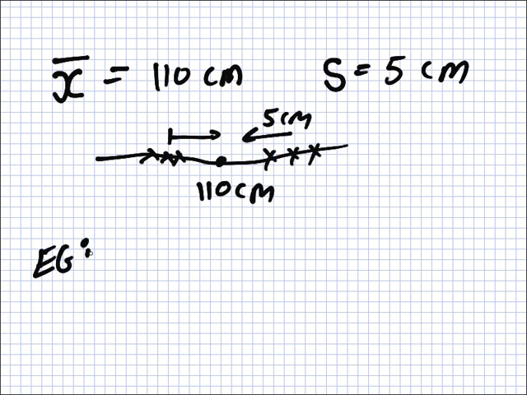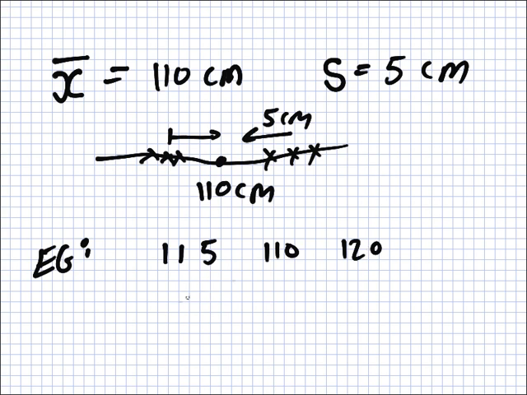On the right I could have 115, that's 5 away. 110, that's 0 away. And 120, that's 10 away. So how far away is 115? 5. How far away is 110? 0. And 120? 10, yeah. So, roughly.